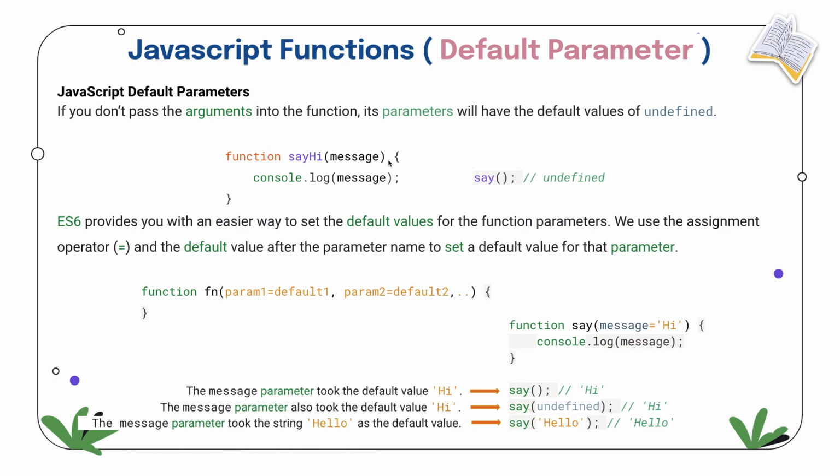And why I have not written result equal to result, we'll discuss in our object classes. If the key and the variable name are the same, there is no need to write the key-value pair. Automatically it takes the variable name as the key. We'll discuss that in the object classes.